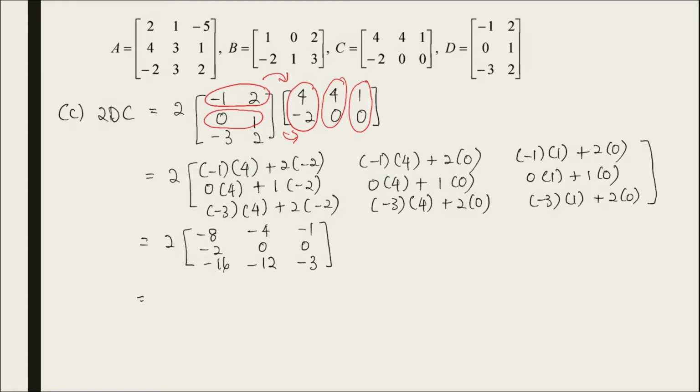If you don't want to calculate manually, you can just use your calculator. Then lastly, we multiply 2 with DC. The final answer is negative 16, negative 4, negative 32, negative 8, 0, negative 24, negative 2, 0, and negative 6. Okay, so done.